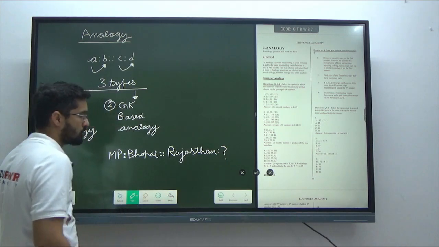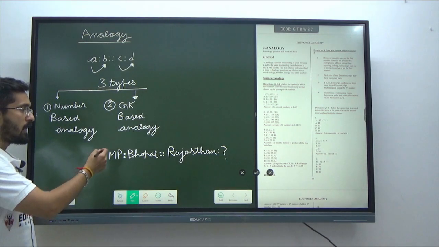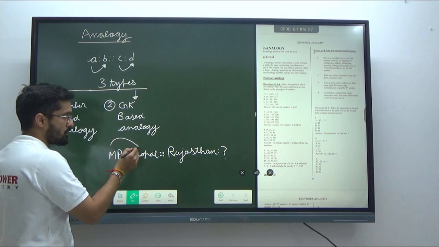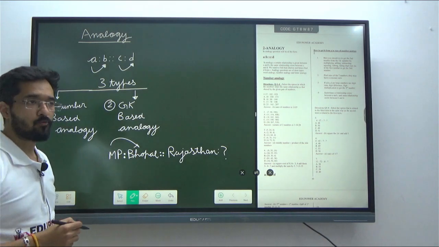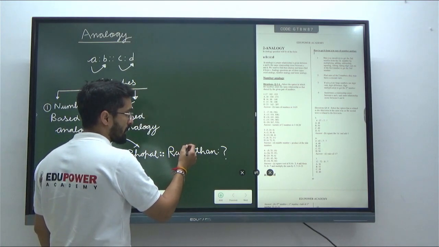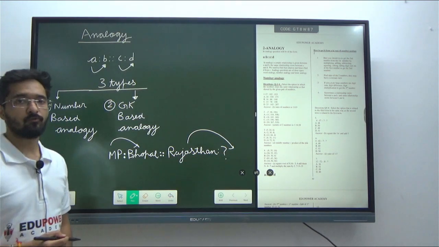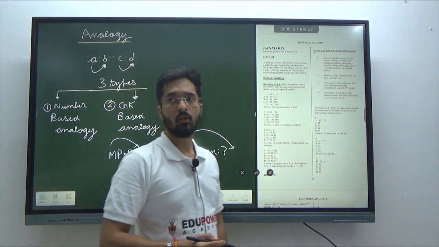What is the relation between MP and Bhopal? Bhopal is the capital of MP. Likewise, what is the capital of Rajasthan? It is Jaipur. So in these questions we basically need to use our GK.